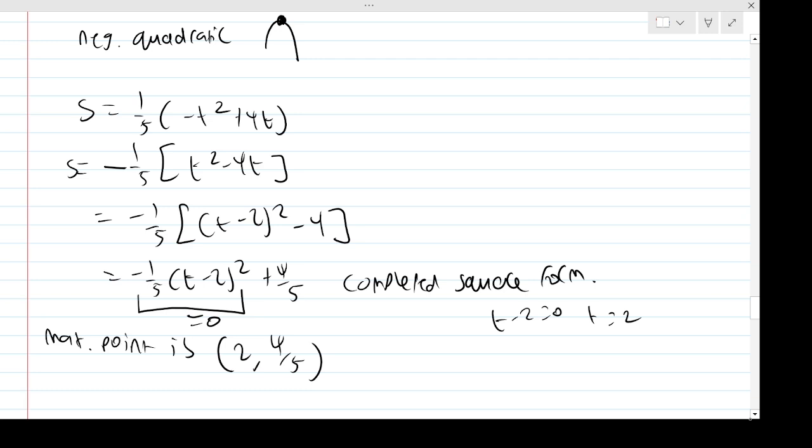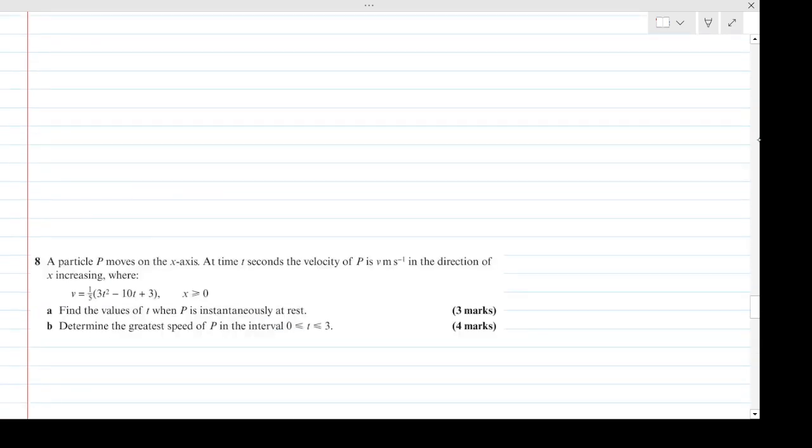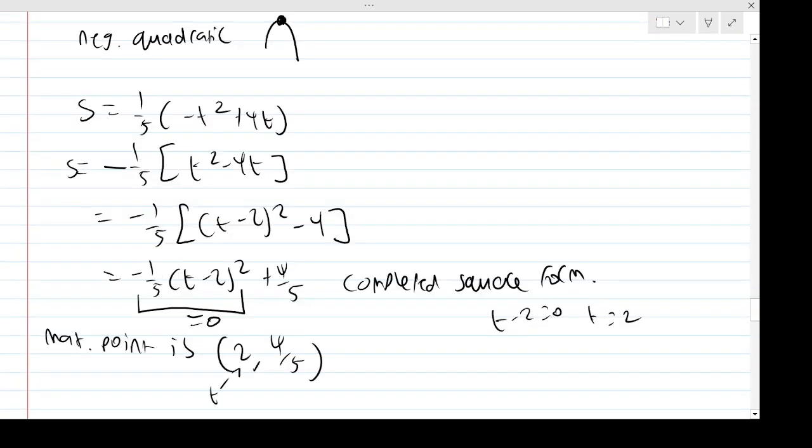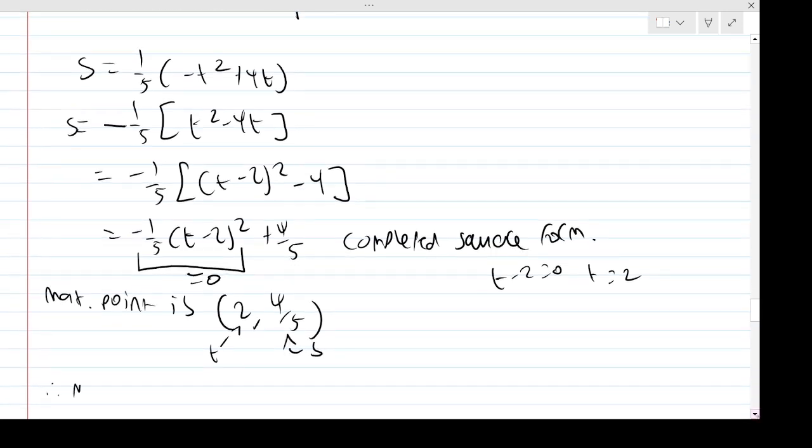Again, you could do that alternatively by doing differentiation, but you should end up with that. So the displacement is going to be 4 fifths then, right? So this is my t value, and this is my s value, 4 fifths. So therefore the max displacement is 4 fifths, or 0.8 meters, whatever you prefer.